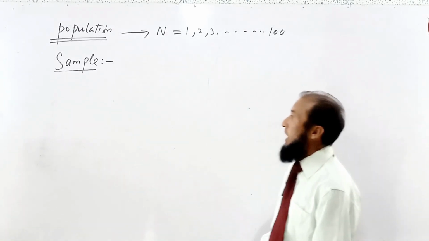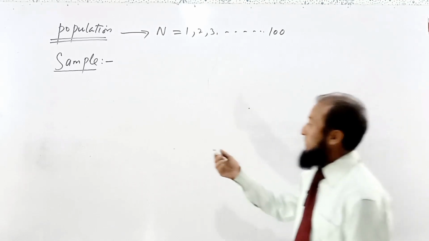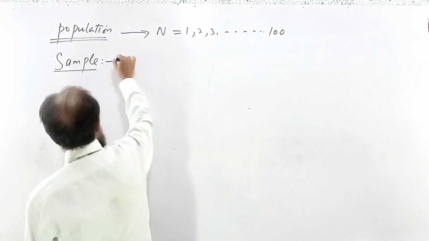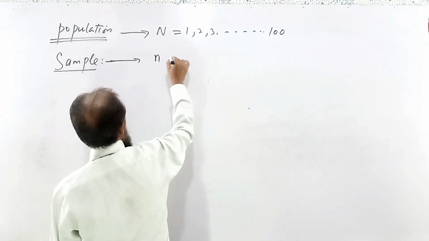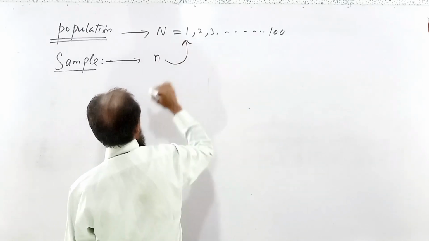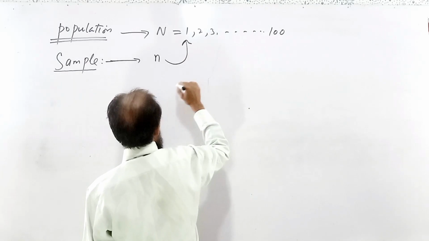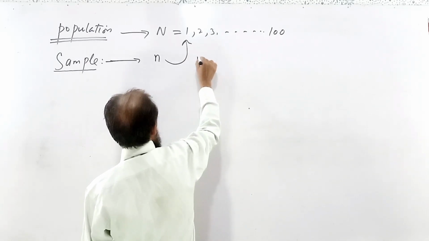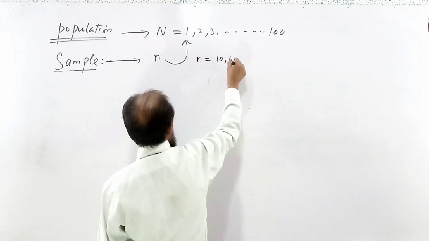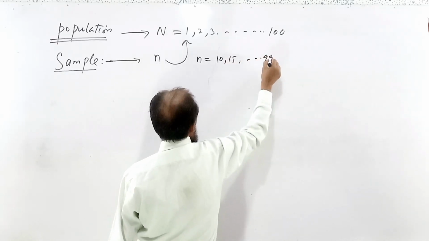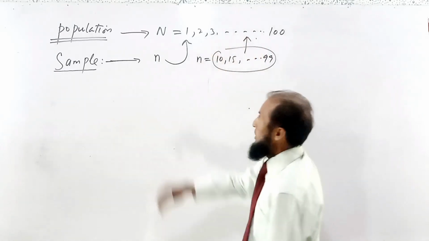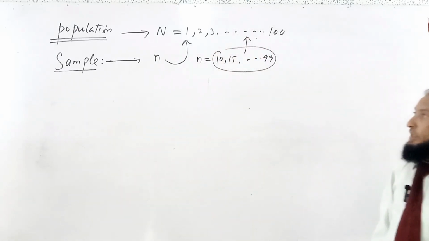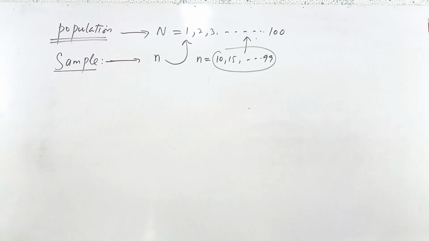It is denoted by small n, and it is selected from the whole population, for example n is 10, 15, up to 99. This is the main difference between population and sample.